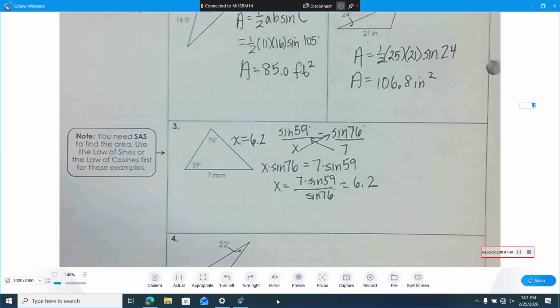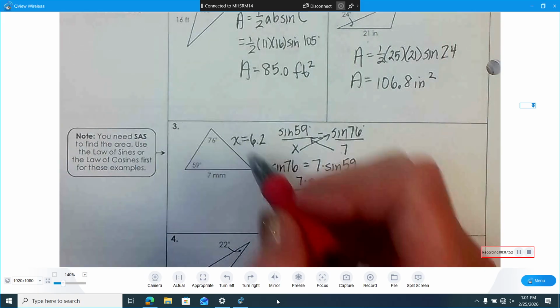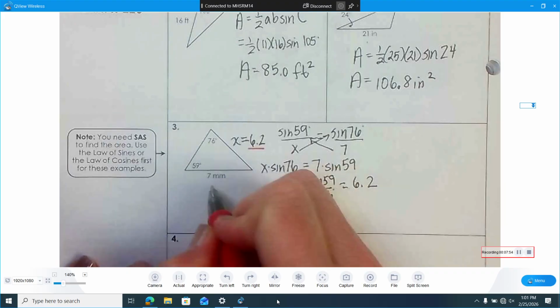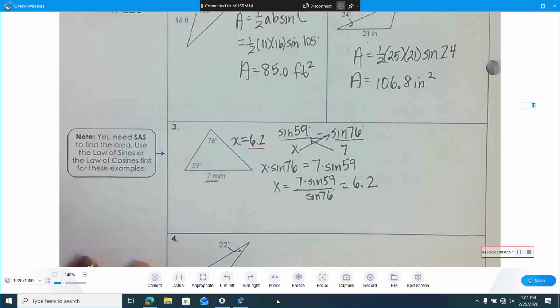Now, in order to use my lovely little area formula, I need side, angle, side information. So if these are my two sides, I have my side and my side. Where's the angle I need?